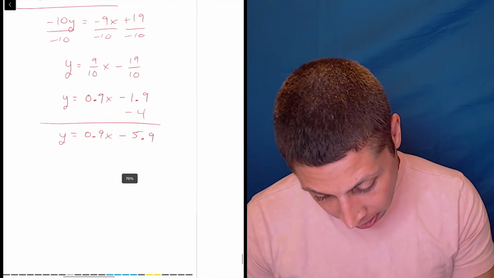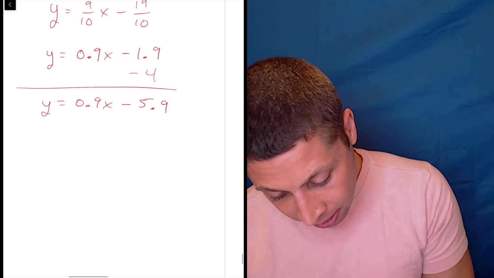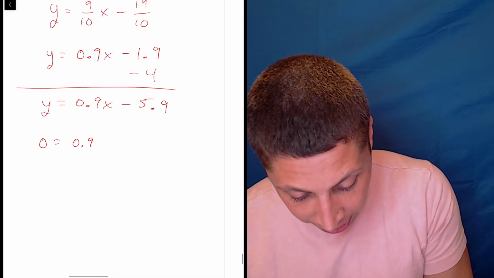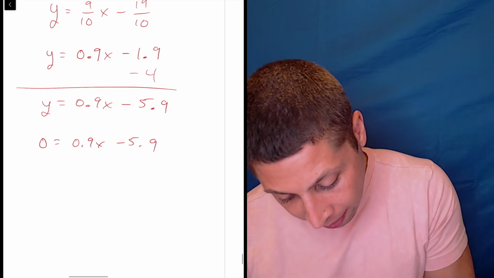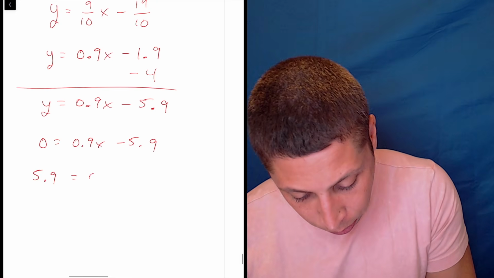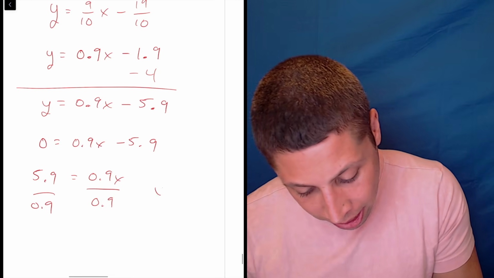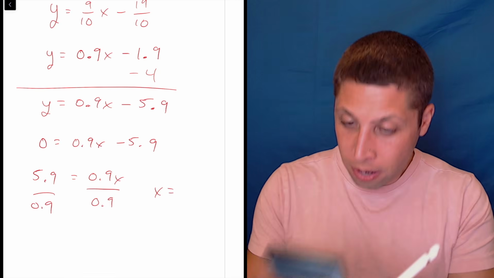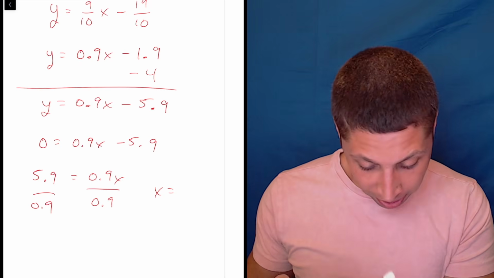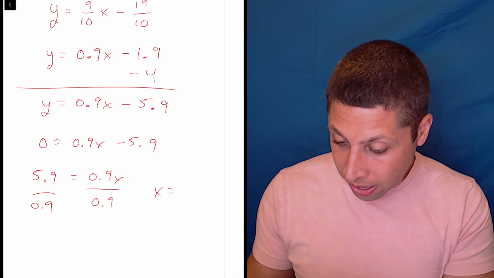So looking here, that would be 0 is equal to 0.9x minus 5.9. Add that to both sides. 5.9 is equal to 0.9x. Divide both by 0.9. And we get x is equal to, regular calculator now, 5.9 divided by 0.9.